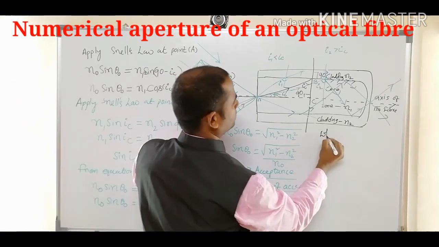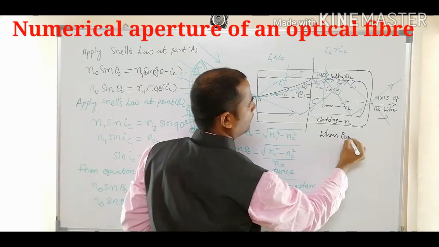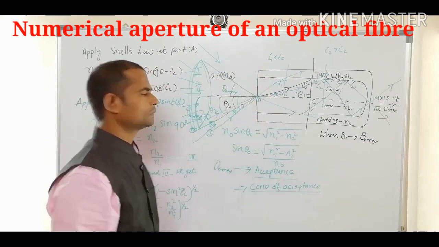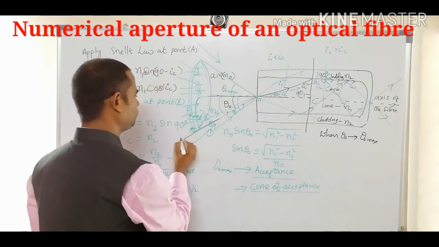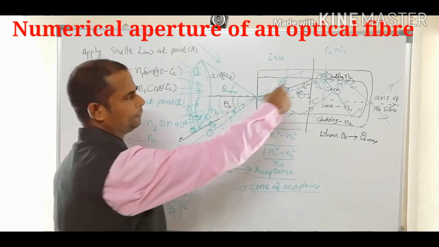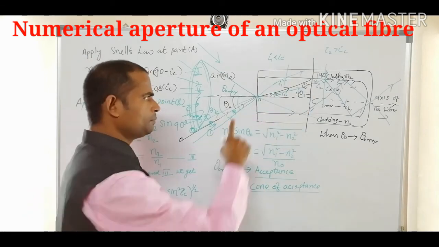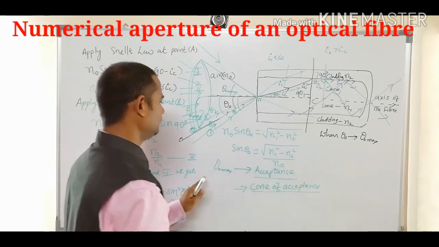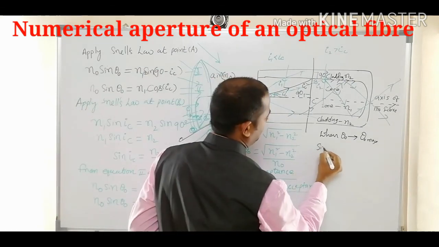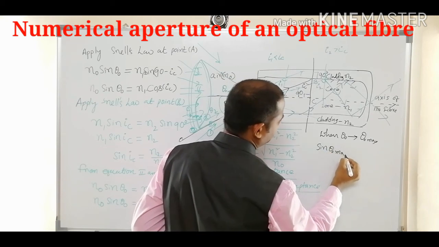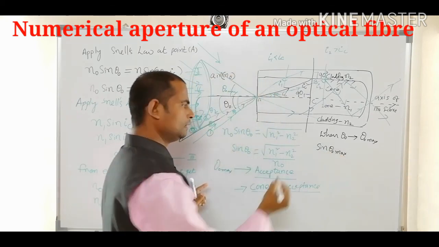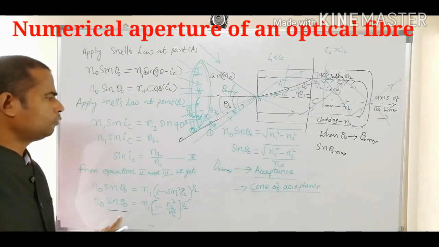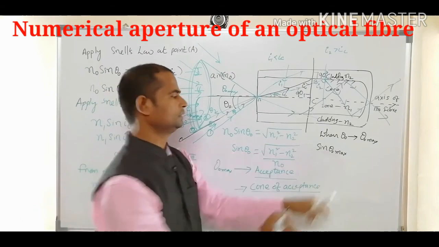When theta naught tends to theta naught max, for that ray the ray would give me total internal reflection. That means it is effectively conducting the light. Then, because theta naught is becoming theta naught max, in this formula I would write sine theta naught max.